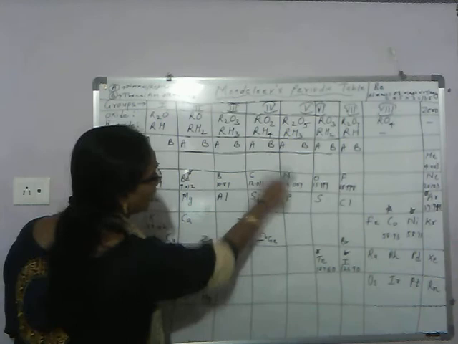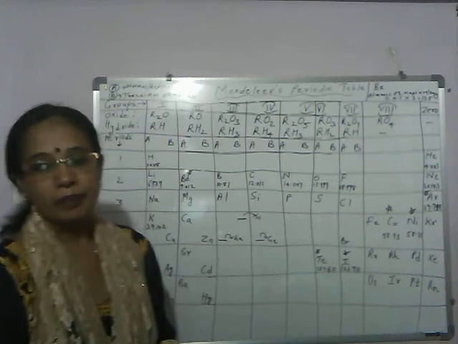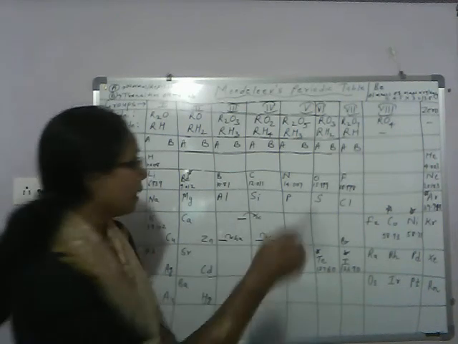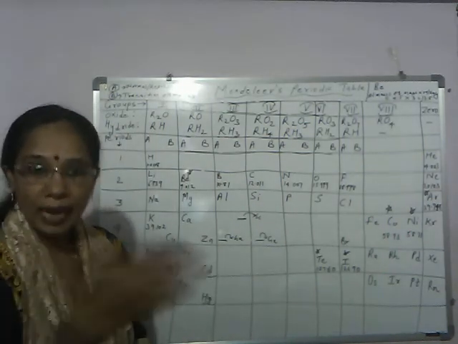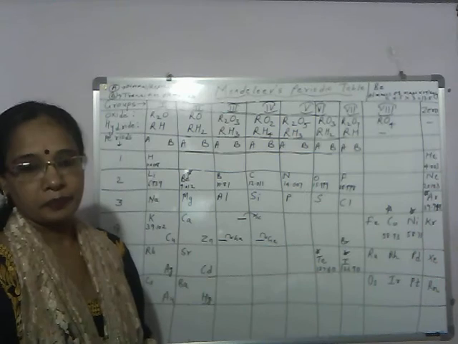Between carbon and nitrogen, because carbon's atomic mass is 12 and nitrogen's atomic mass is 14. But there was no gap between carbon and nitrogen to place beryllium.